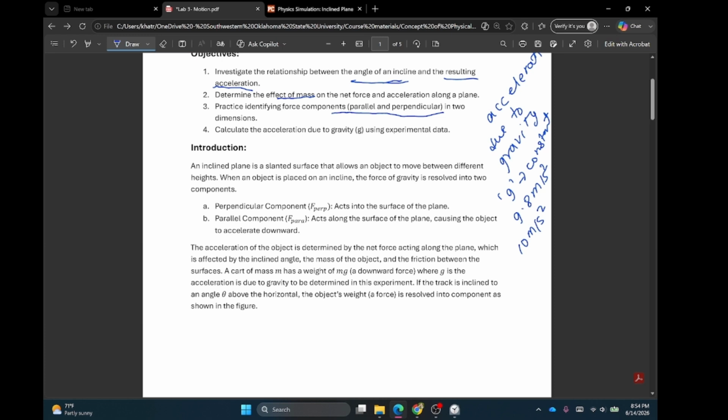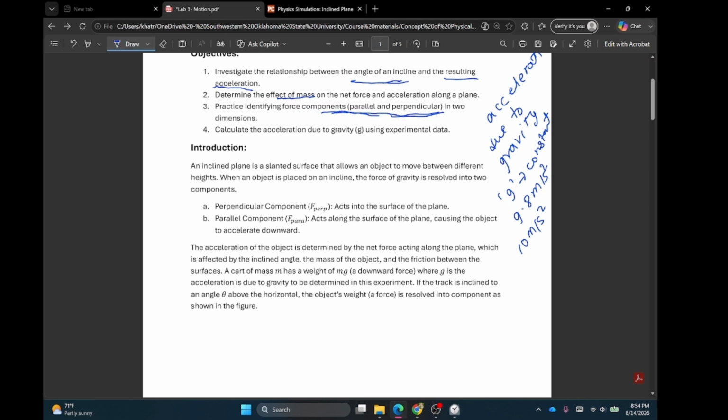We will again do the same here and practice identifying components along two orthogonal axes. In this case, one parallel to the surface of the inclined plane, and another perpendicular to that inclined plane.